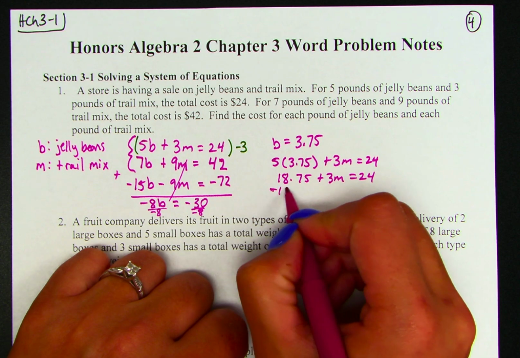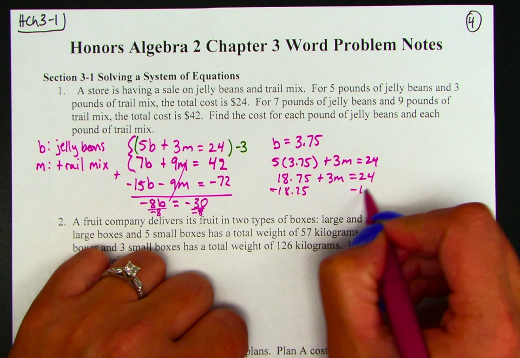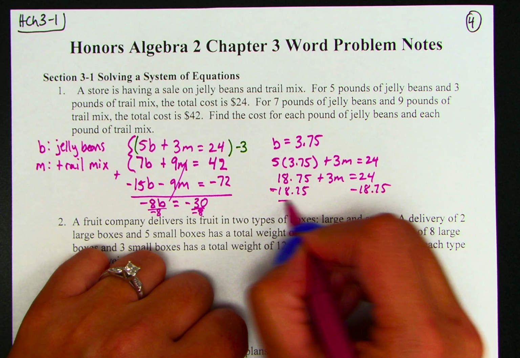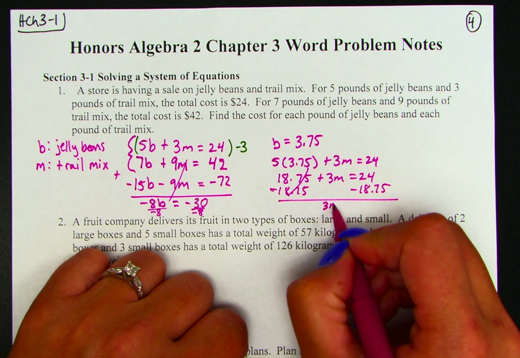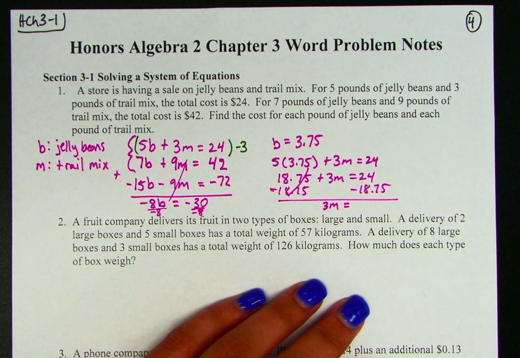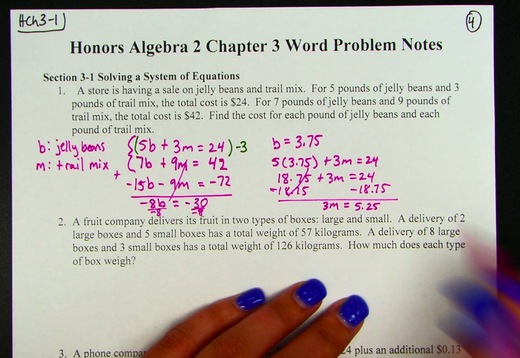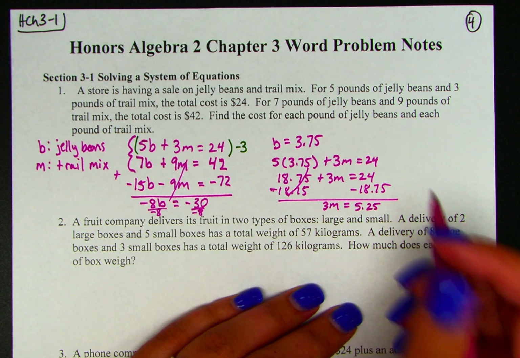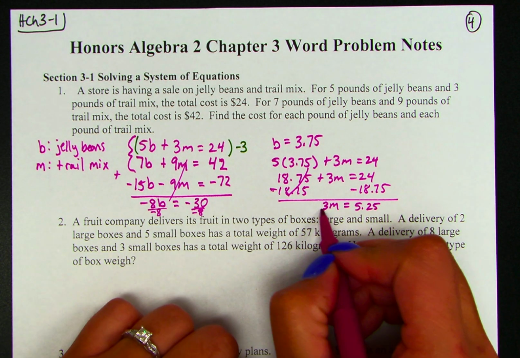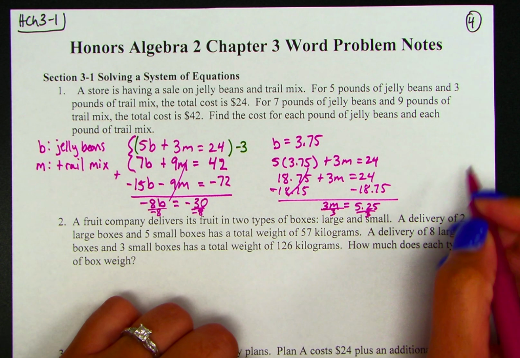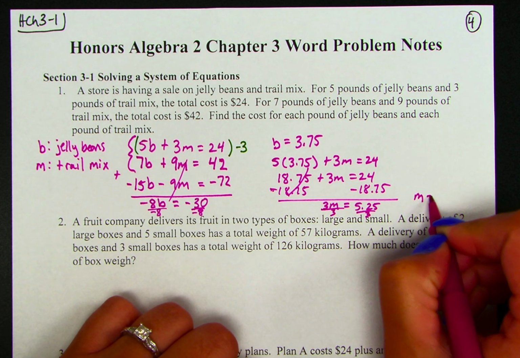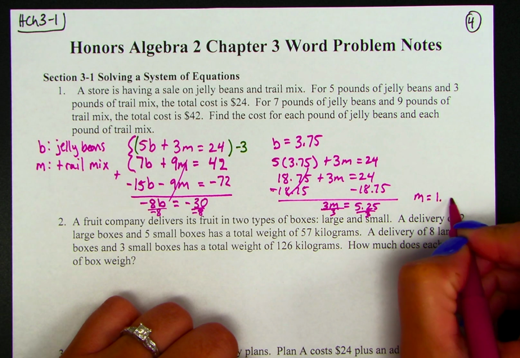So minus 18.75, minus 18.75. So 3m equals 5.25. And then now I need to divide by 3. So that means that my m is 1.75.